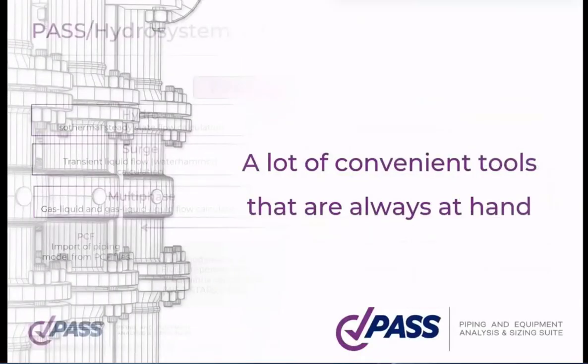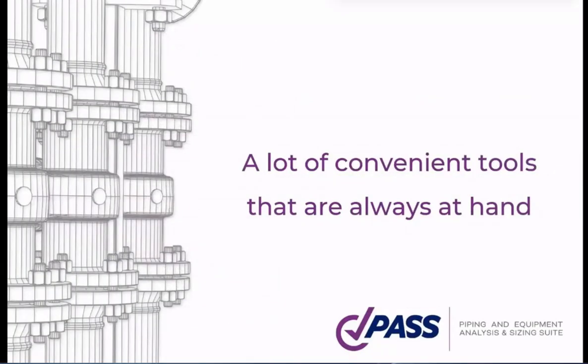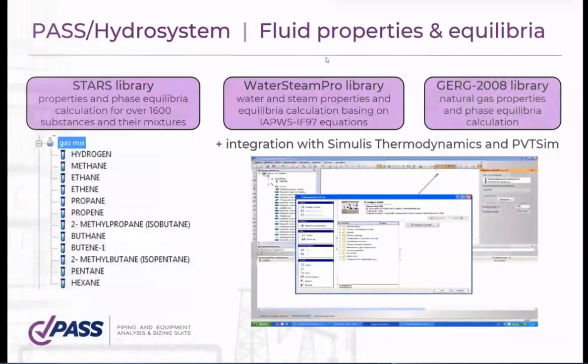And in HYDROSYSTEM, we have a lot of convenient tools that are always at hand. First of all, we have a lot of different built-in fluid properties and equilibrium libraries, which allow you to automatically calculate all the required properties of the fluid for hydraulic analysis: all the densities, viscosities, heat capacities, etc. Different libraries for different fluids.